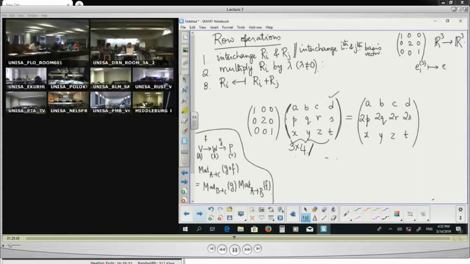So you just write the coefficient. There's no need to write 0, 2, 0, though 2E2 actually means 0, 2, 0. And E3 goes to E3. Right?